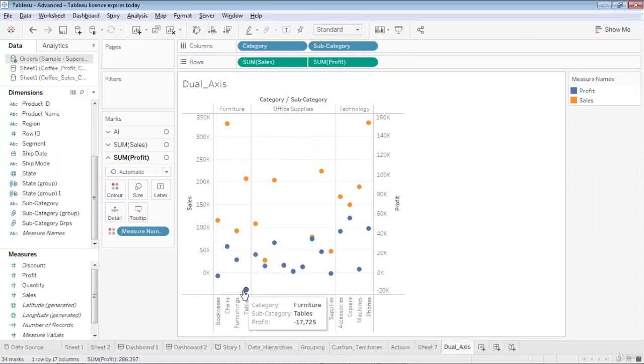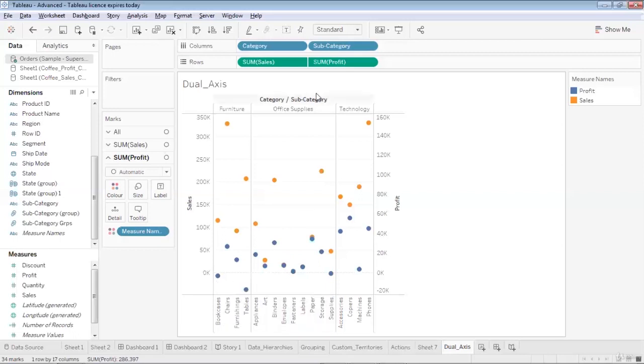These are negative profits, meaning these are losses. In office supplies and technology, my profits are almost always positive. Similarly with the dots of sales, I see that the highest number of sales are coming from the furniture and technology categories. But at the same time, the minimum profit or the losses are coming from the furniture category a lot.